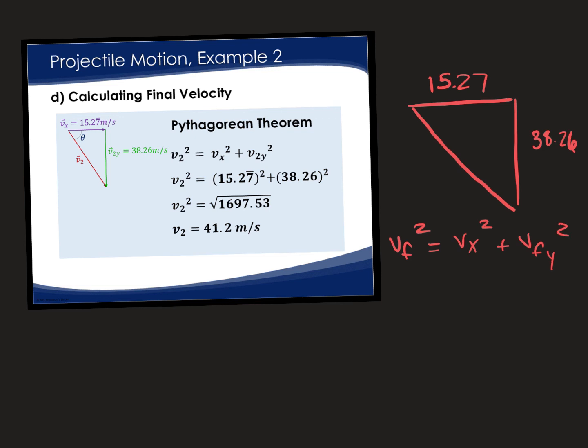The math is all right there. I'm not going to work it out again. You guys can read that. So square the 15.27, square those, add them together, take the square root. So your overall final velocity is 41.2 meters per second. All right, there should be a type 2 practice problem that you guys can try. Again, email or text me if you have questions, and let me know how I can help.